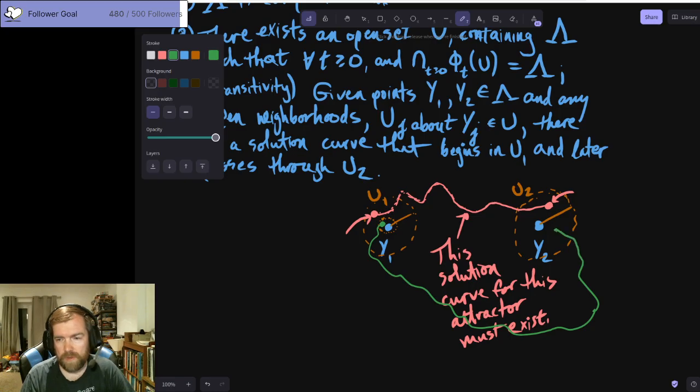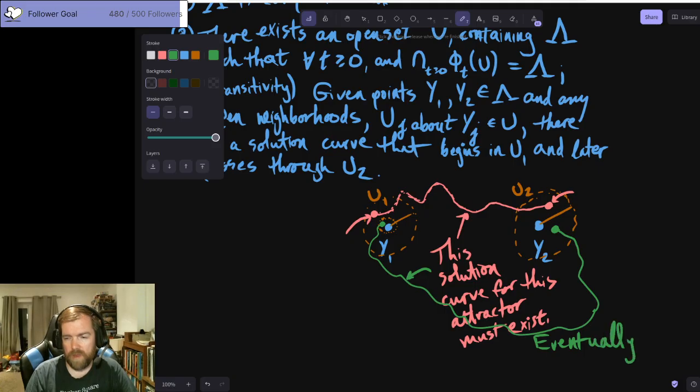Alright, that one's going to be really big, so it could be anywhere. Right, so eventually it must end up within the other neighborhood at some point.